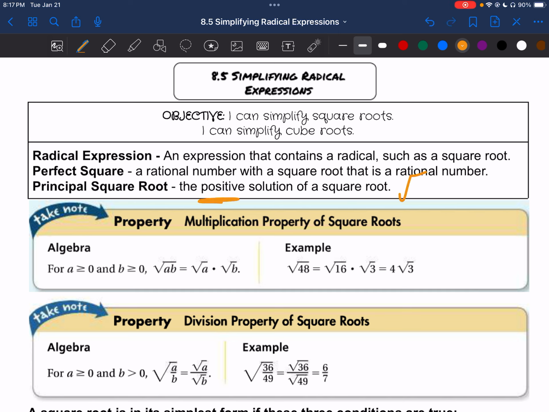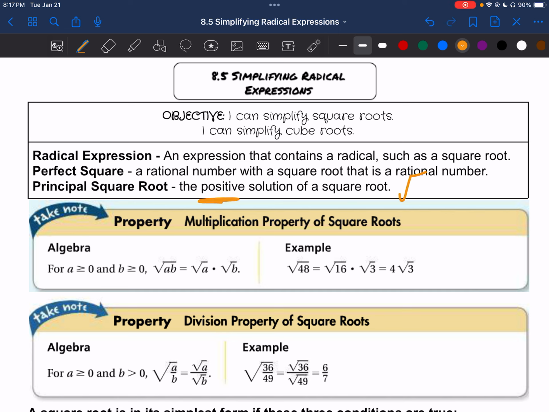We can combine two radicals being multiplied together under one radical symbol, or if it's already under one, we can split it into two. For example, the square root of 48 is the square root of 16 times the square root of 3, because 16 times 3 is 48. Then we can simplify from there. The square root of 16 is 4, and the square root of 3 is something we can't take the square root of.